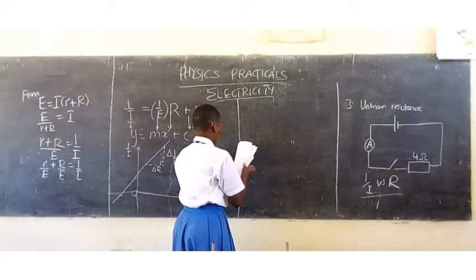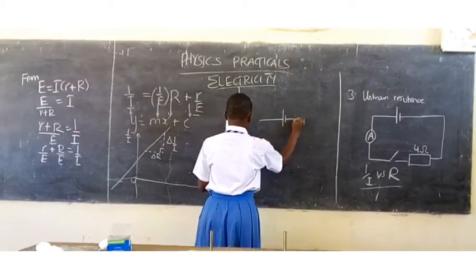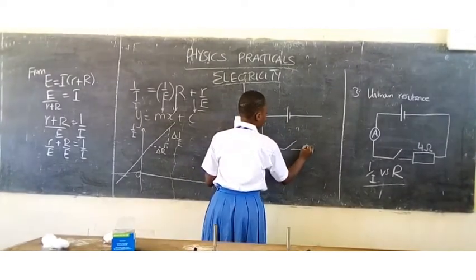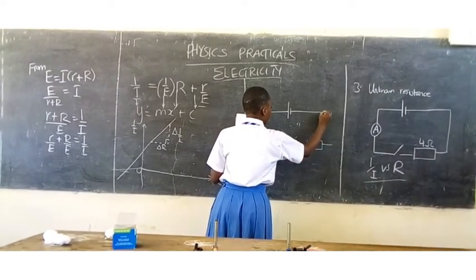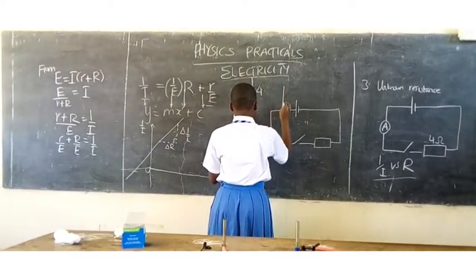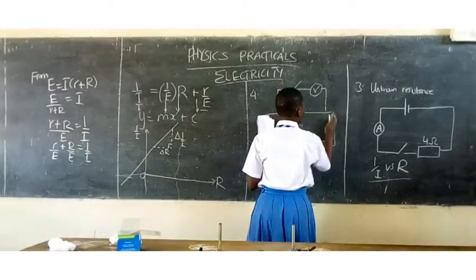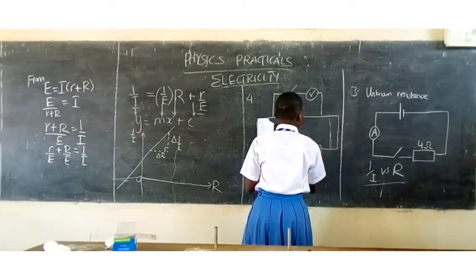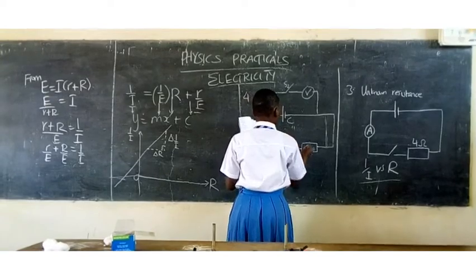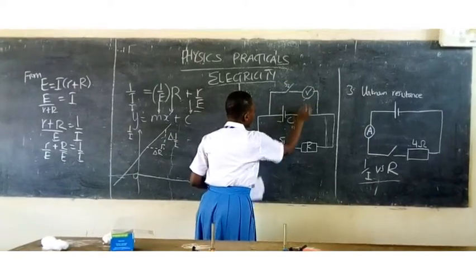Also, we have another circuit structure. So our circuit has two switches, one cell, one voltmeter, and a standard resistor.